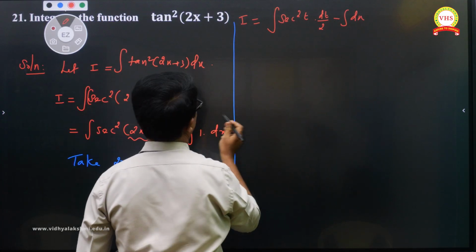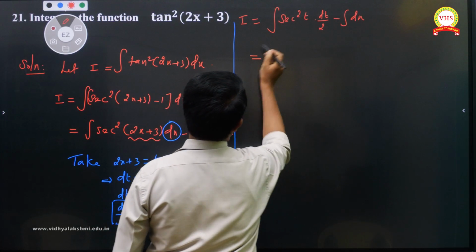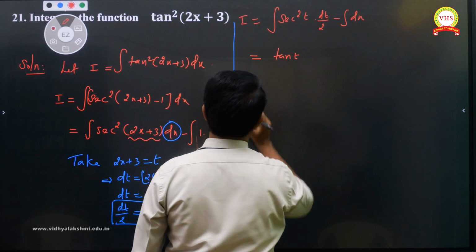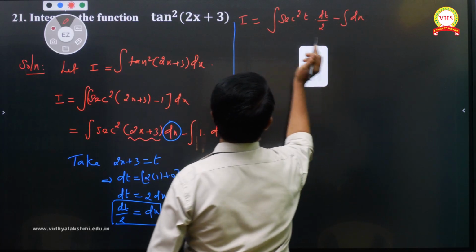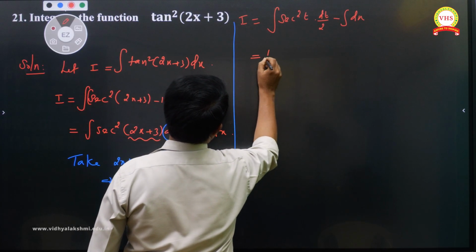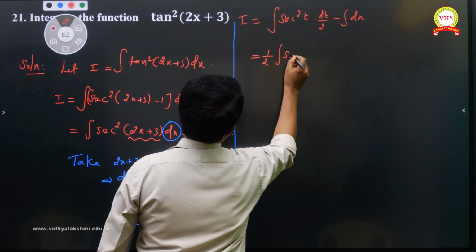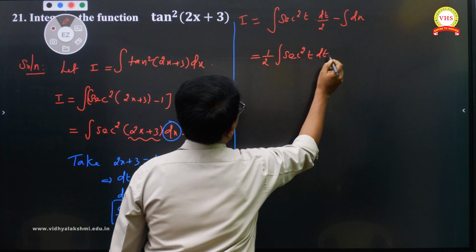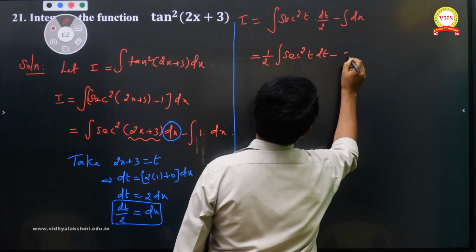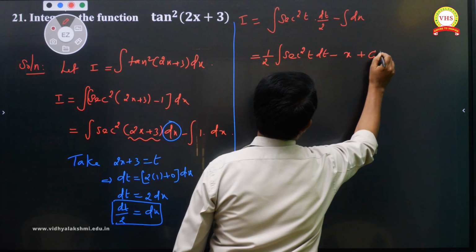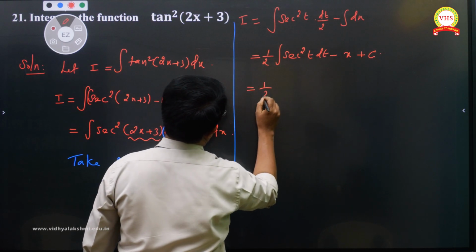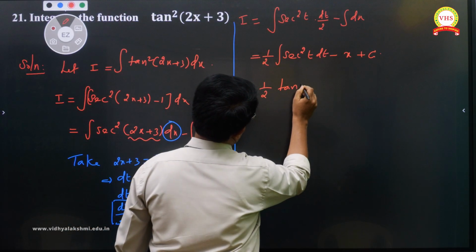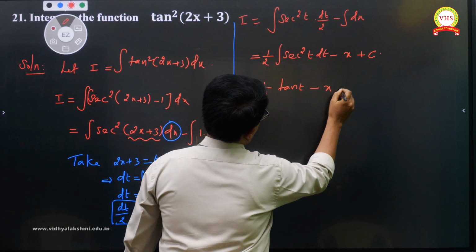You know very well the integral of secant square theta is tan theta. Or otherwise, one more step: you can take the 2 common outside from this integration, that is integral secant square t into dt, minus integral dx as x plus c. Finally, 1 by 2 into the integral of secant square t, that is tan t, minus x plus c.